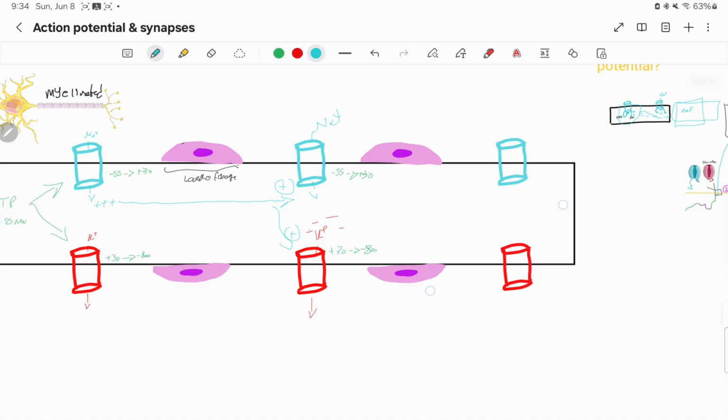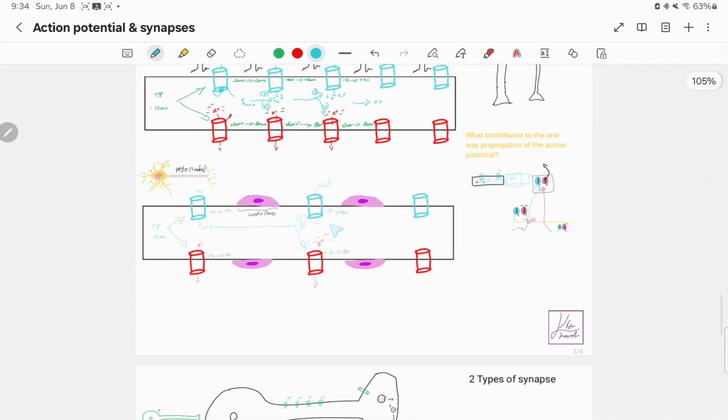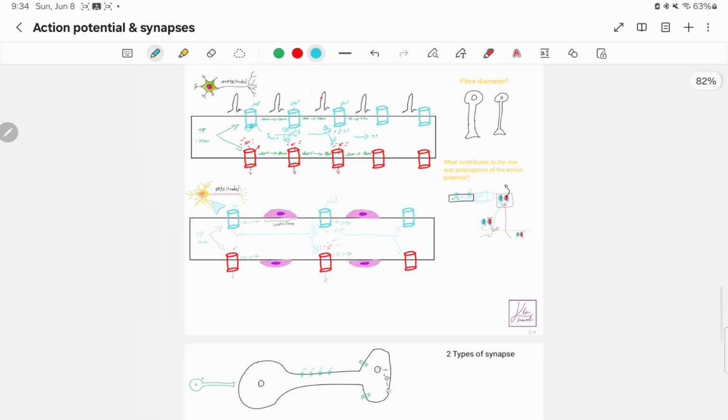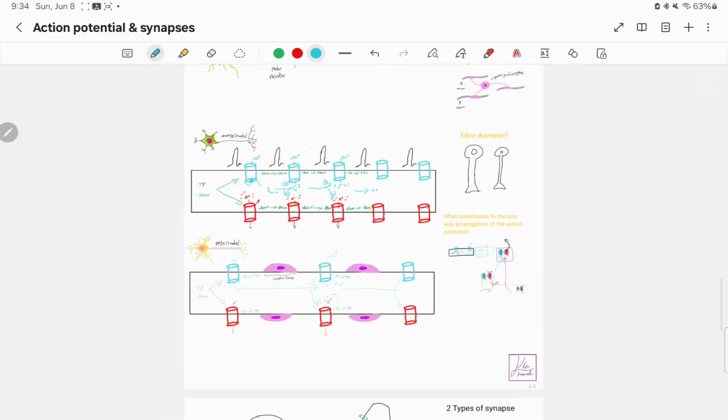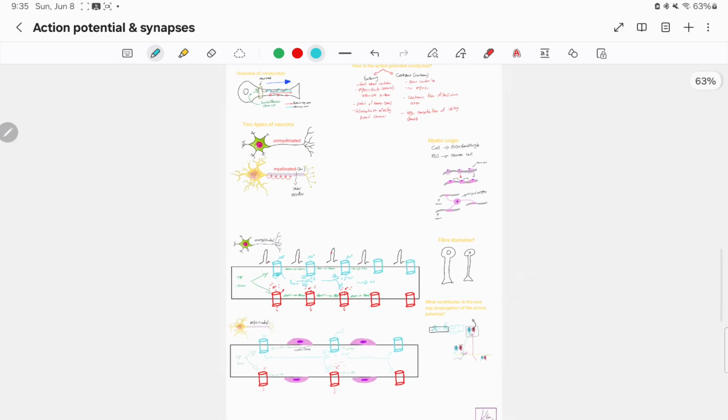Okay? And so on and so forth. This thing just keeps happening, okay? Boom, boom, boom. Okay, great. So that's how myelinated conduction, aka saltatory, and unmyelinated, aka contiguous conduction, occurs.